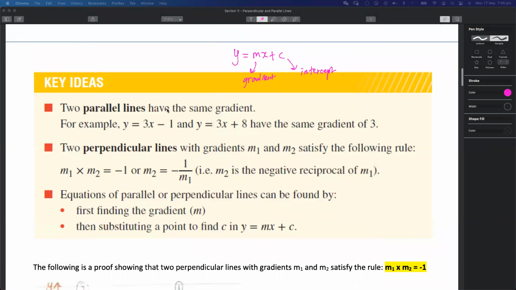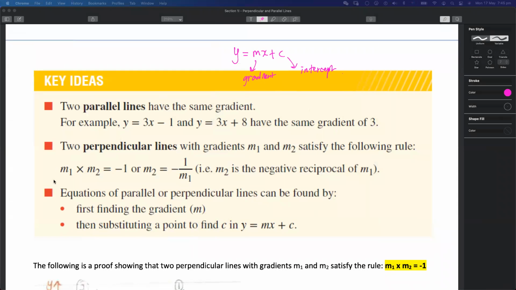And 3 times the gradient of my second line is equal to -1. Therefore, m2 is -1 over m1. m1 is equal to 3, so the gradient is going to be equal to -1/3.